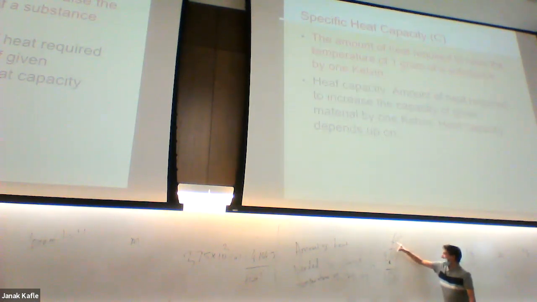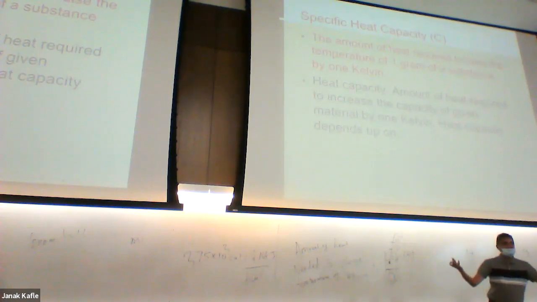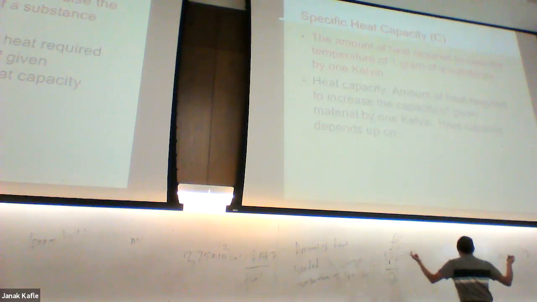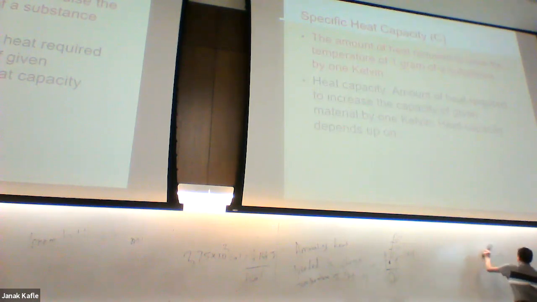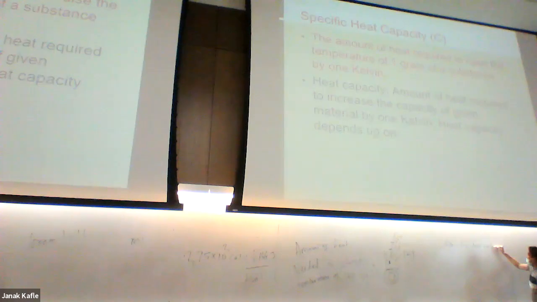If it is 17 to 18. And how much water should I put here? 1 kg. Make sense? So let's say water has a 4200. So the specific heat capacity of water is 4200 joule per kg per degree centigrade.